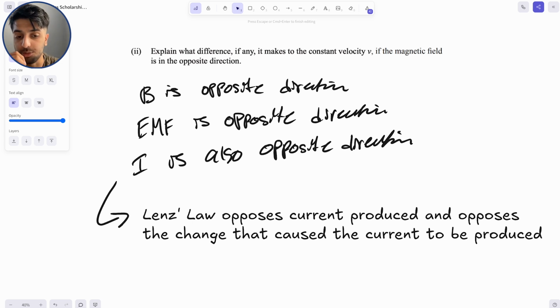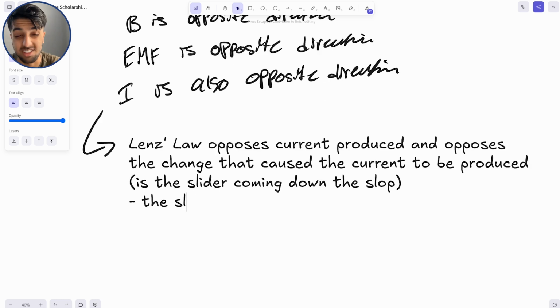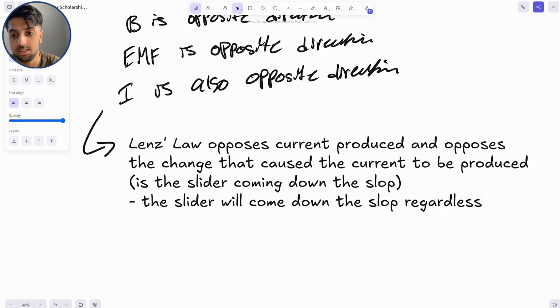So, because of these reasons, Lenz's law opposes the current produced and opposes the change that caused that current, which in this case is the slider coming down the slope. The slider will come down the slope regardless, right? Because the slider doesn't come down the slope because of its magnetic field. It comes down because of the force due to gravity, which is mg sine theta in this case.